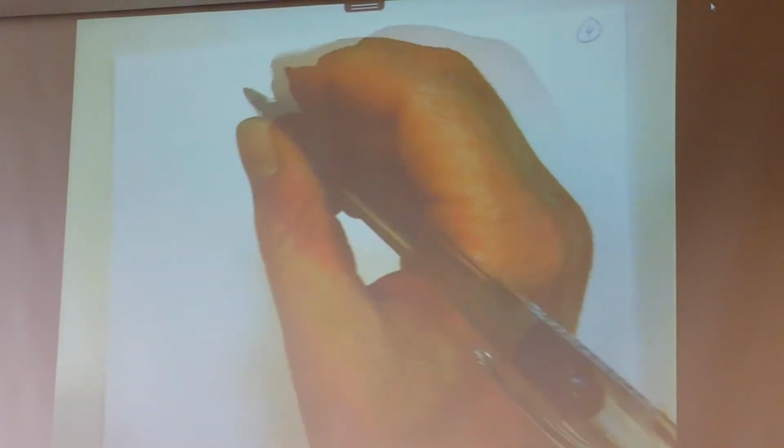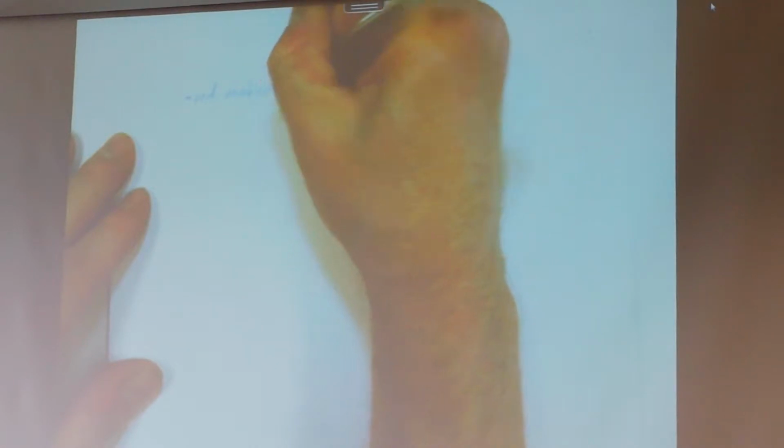So, case 2. Damped motion, and that's if we do have a dashpot. In other words, that constant is not 0.